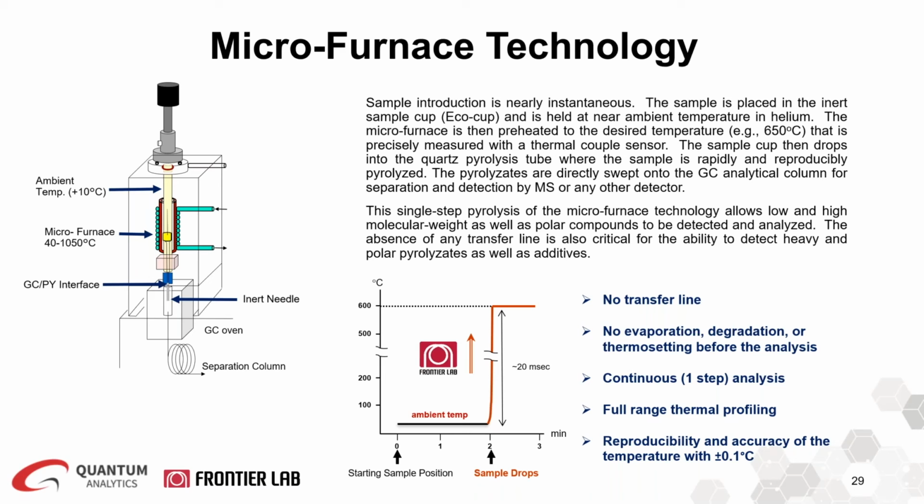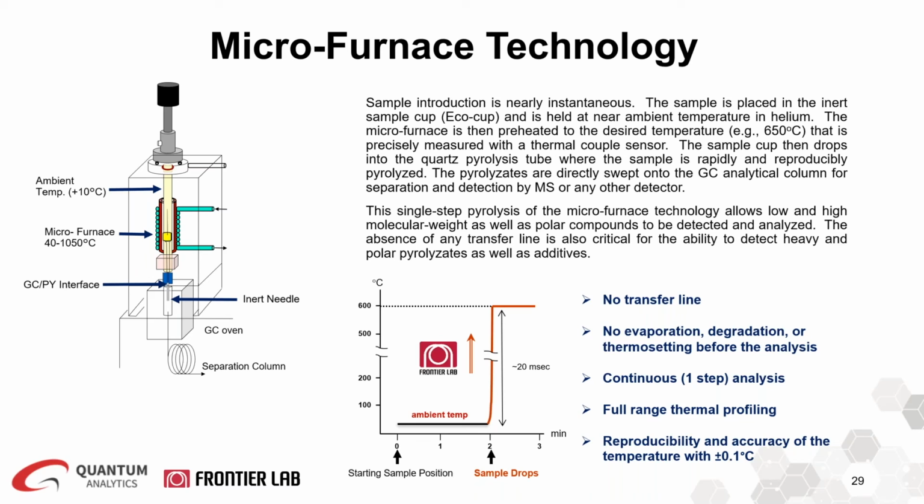The pyrolysates are directly swept onto the GC column for separation and detection by MS, and this single-step pyrolysis of the microfurnace technology allows low and high molecular weight as well as polar compounds to be detected and analyzed. The absence of any transfer line is also critical for the ability to detect heavy and polar pyrolysates as well as the additives.